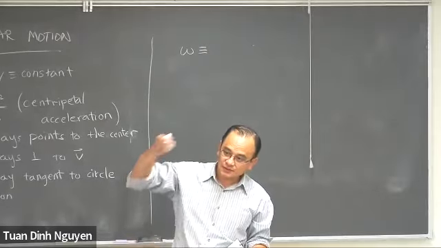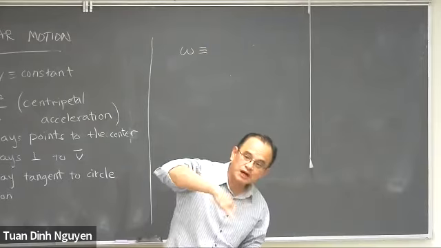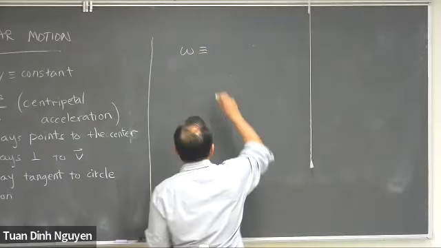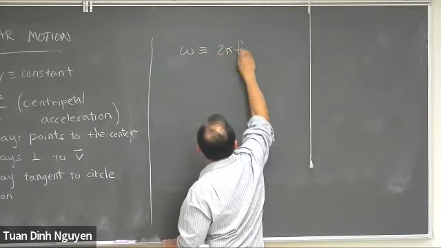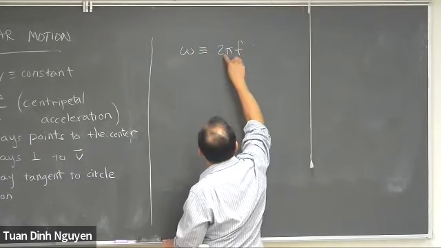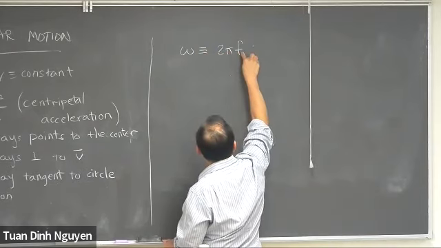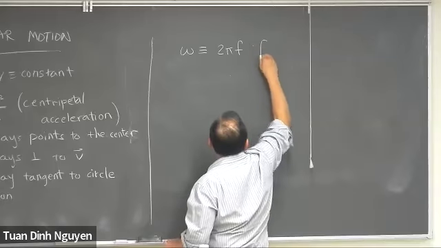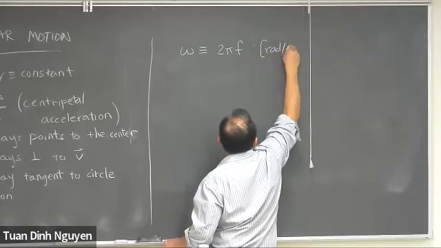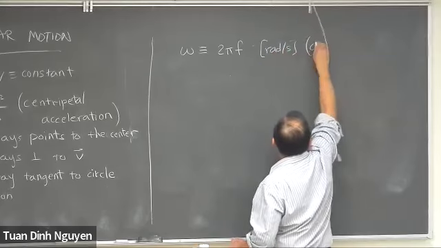So if it goes around in 1 revolution, that's 2 pi radians. It has to be in radians. So it's 2 pi, and then you multiply by the regular frequency. So if it's 1 revolution per second, that's 2 pi radians per second. And this is called the angular frequency.